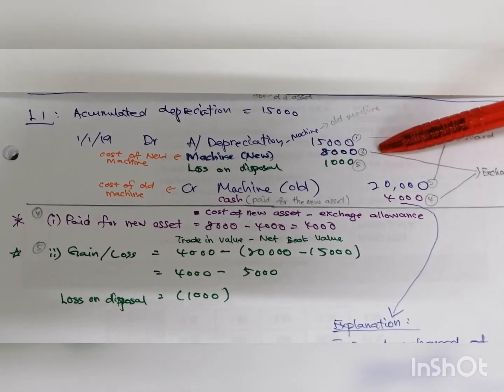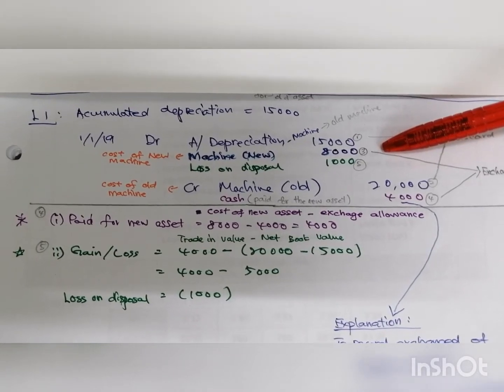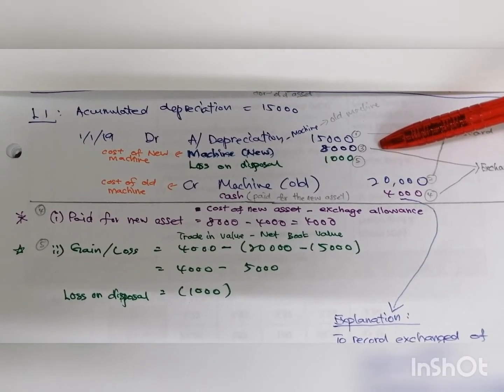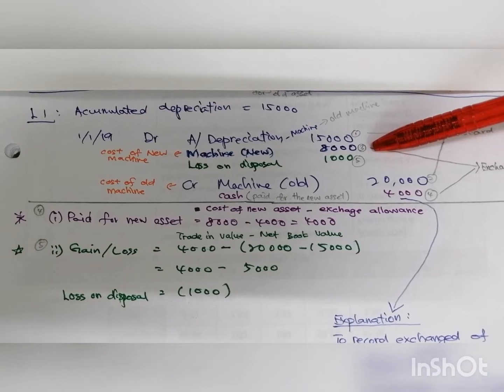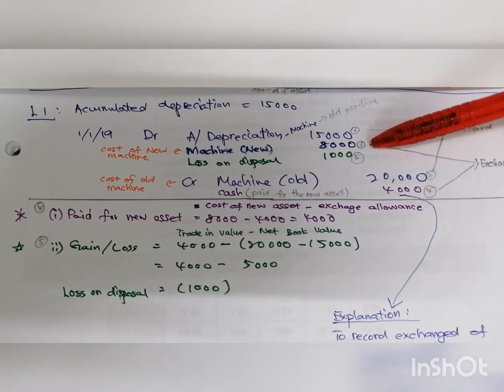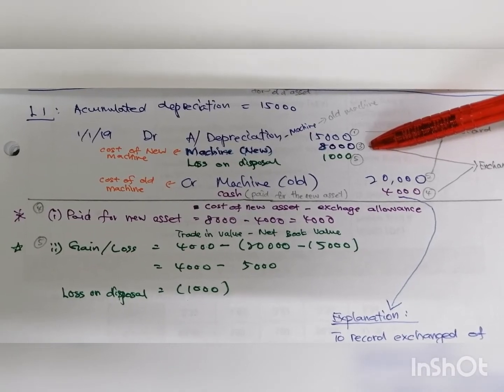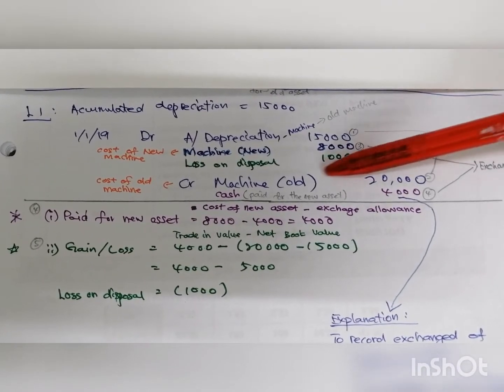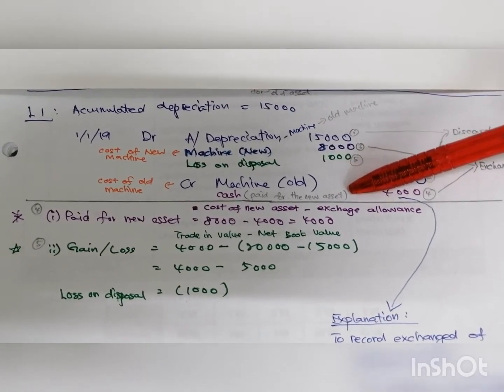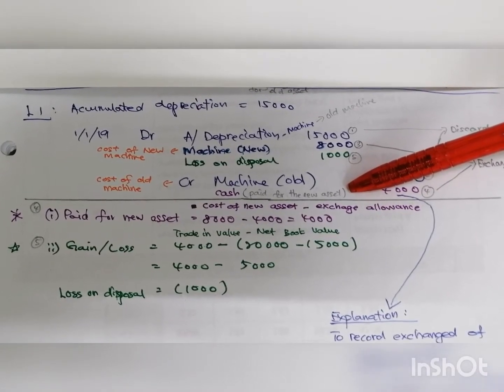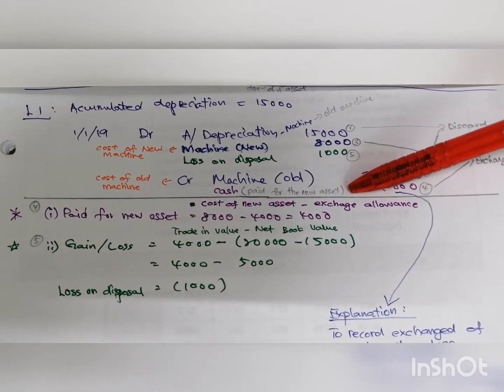Then we debit machines for the new machines 8,000, as the cost of new machine is 8,000. Then we credit cash. We will need to calculate how much we should pay for the new asset.